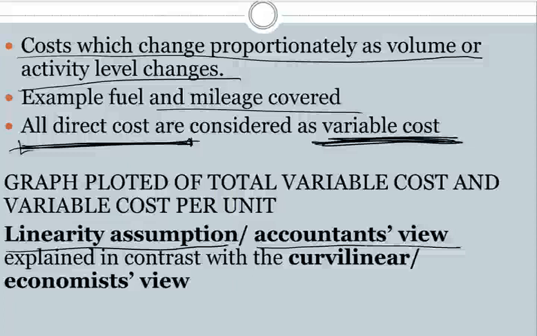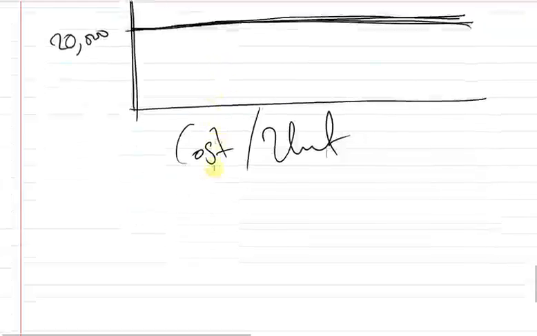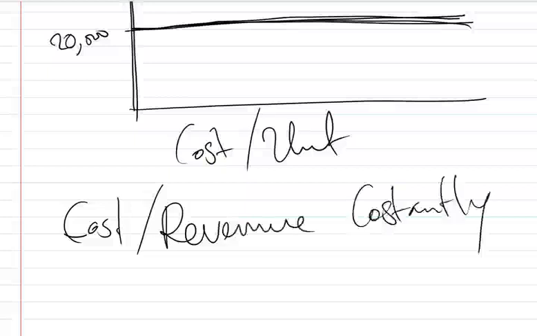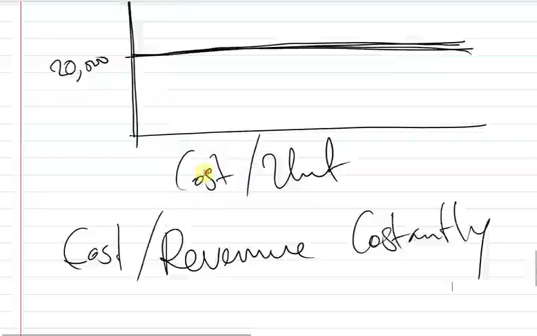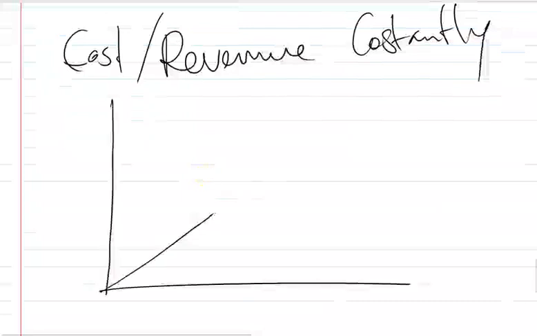When we're talking about the linearity assumption, we assume that cost or revenue will increase constantly. That's why our graph is formed by a straight line like this, because this is constant.